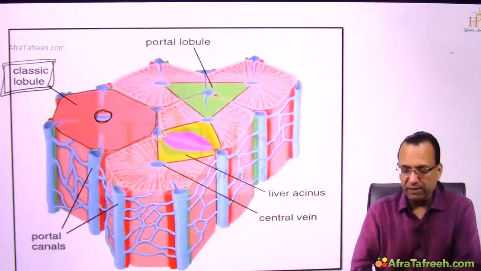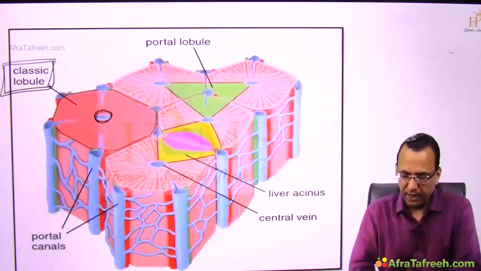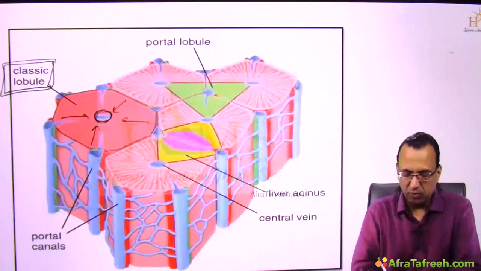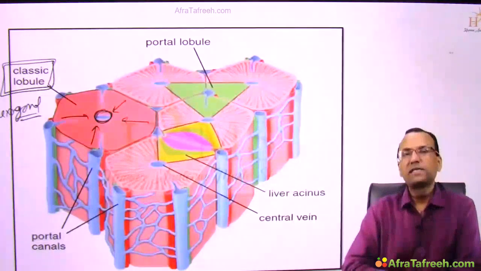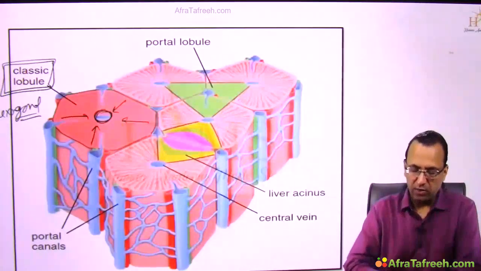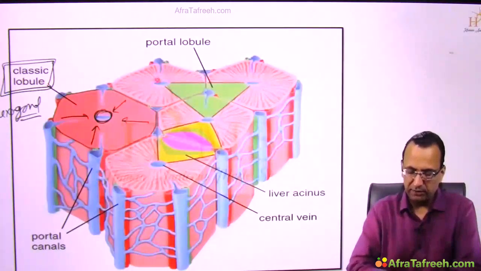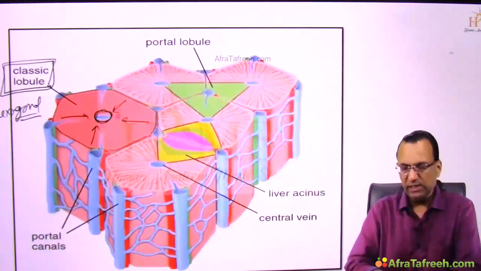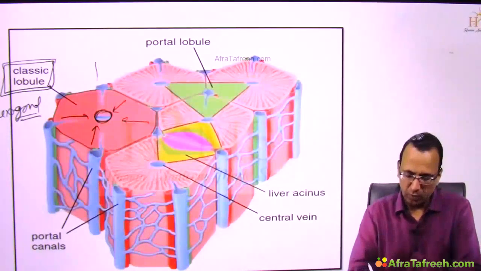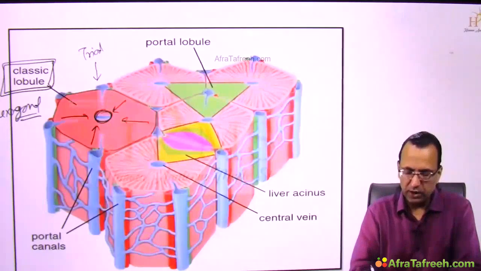It has the central vein in the center, and the blood keeps moving towards it. It is a hexagonal structure. And what is at the periphery? Of course, the portal triads are at the periphery.